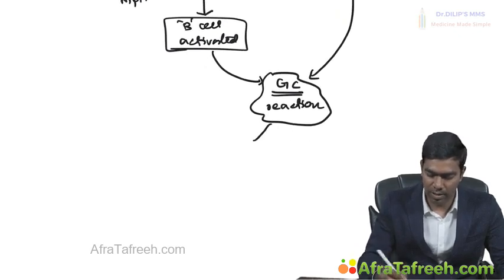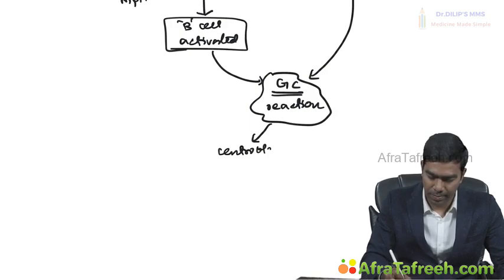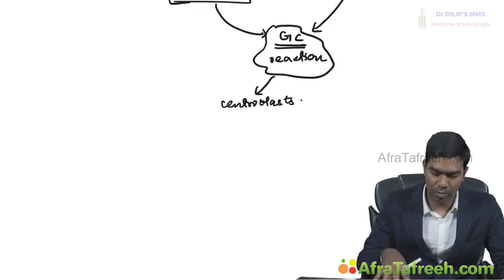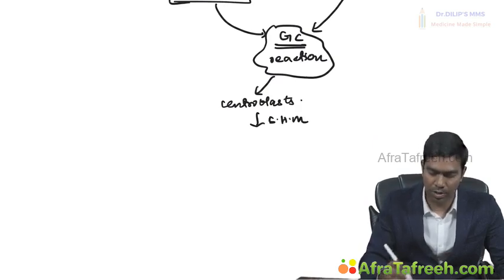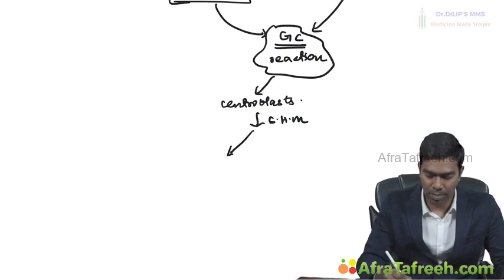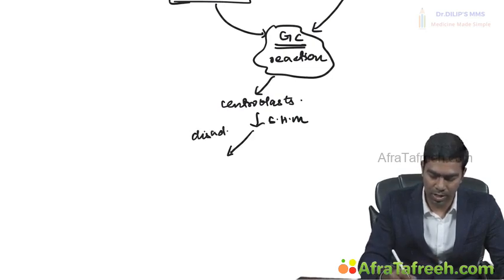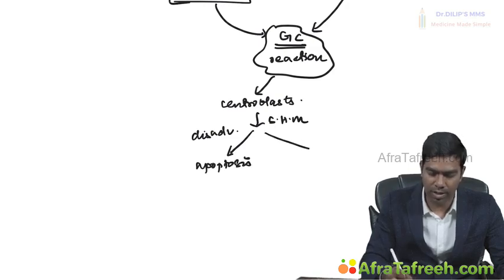In the germinal center, the activated B cell will form centroblasts. Centroblasts will go for something called somatic hypermutation. The moment they go for somatic hypermutation, if it's a disadvantageous mutation, they go for apoptosis because they cannot bind with follicular dendritic cell.